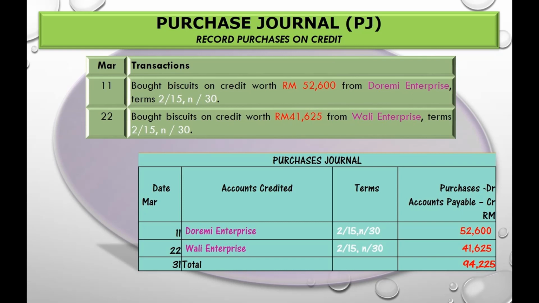Repeat the same step for March 22nd. After we finish filling in all transactions, we need to total all amounts. Write the last date of that month for the total column. For example, write March 31st for this transaction because the current month is March. Just to remember, we need to arrange the dates and don't skip.